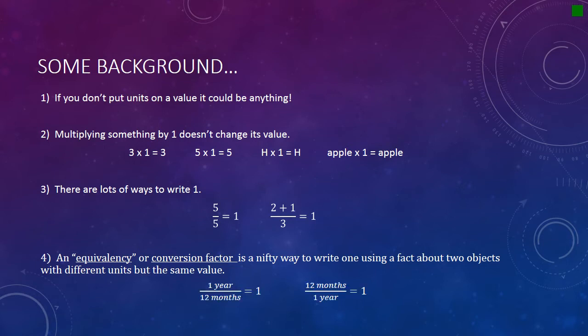1 year and 12 months are equal to each other, so if you divide them, you get 1, and 12 months is the equivalent of 1 year. You could reverse that fraction and still get 1, and that's a way that we can convert years and months from one way to the other just by reversing the fraction either way.